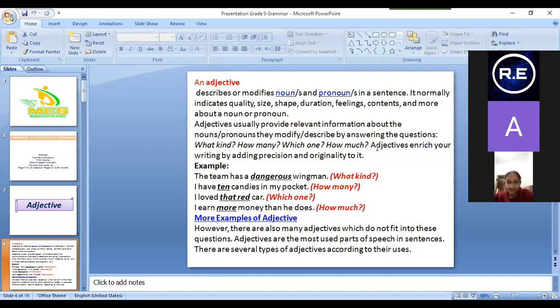Moving on, I earned more money than he does. Now, more here comes to describe what? My earnings, or the amount of money? The amount of money. Exactly.